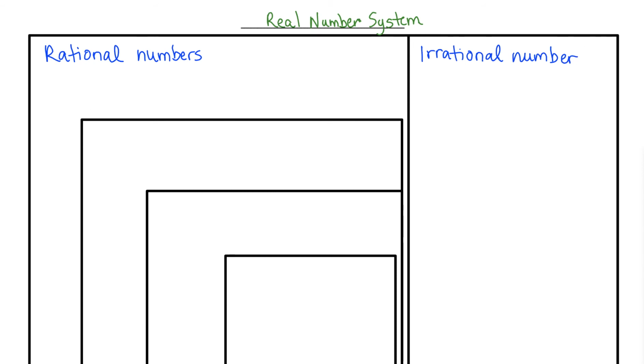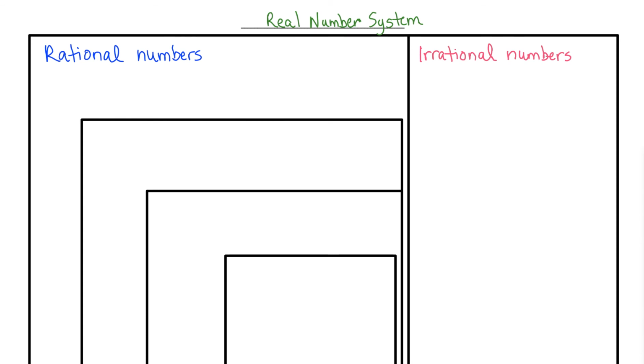If you notice, if we have something in the rational numbers box, it is not in the irrational numbers box. Whatever's over here is not over here. Whatever's over here is not over there, right?